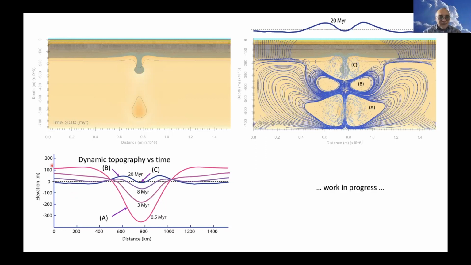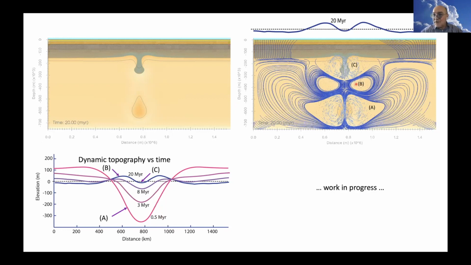And with this, you observe this dynamic topography here in pink. So initially, within the first million years, you observe a dynamic subsidence of a few hundred meters.